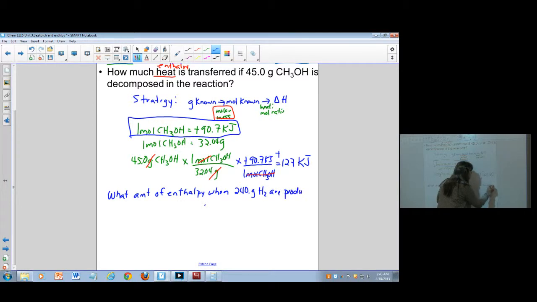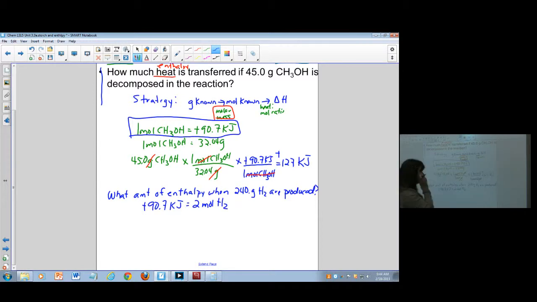Okay, so this is one of the products, all right, but the difference is now we have a different mole ratio. Unfortunately, I can't pull that screen back down, I don't think. Nope. But you can see it. So notice that we have plus 90.7 kilojoules for every 2 moles of H2. Okay, so because there's a 2 as a coefficient in the balanced equation there, we've got to take this into account.